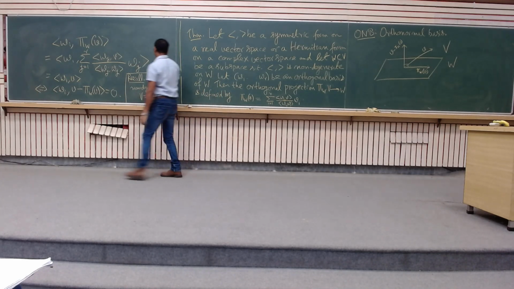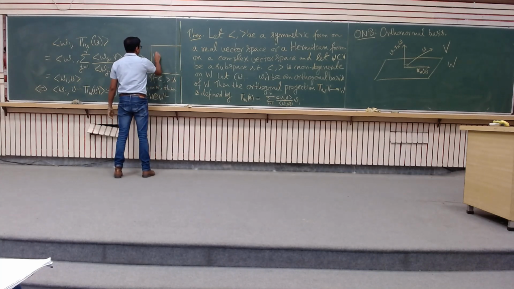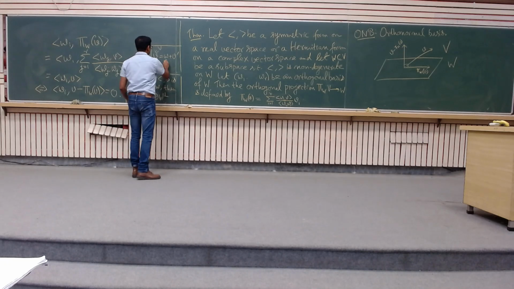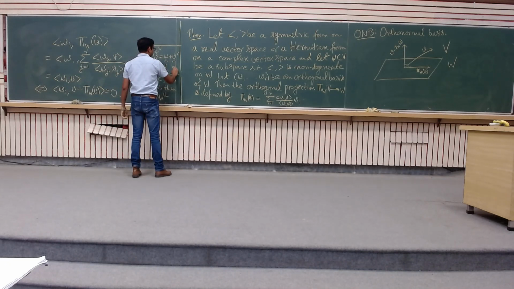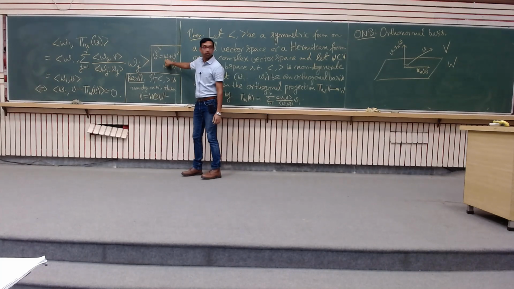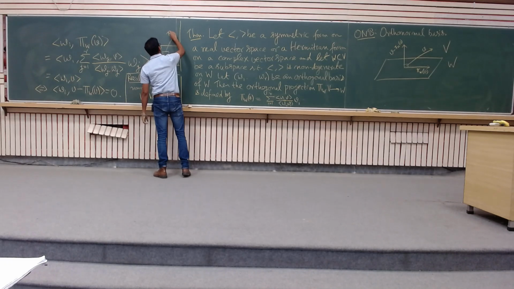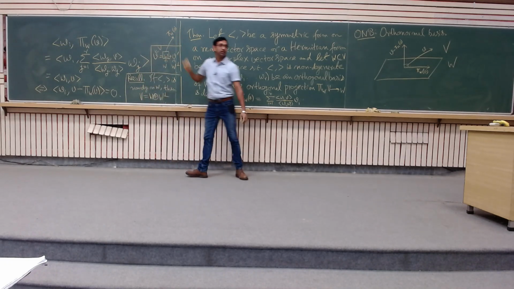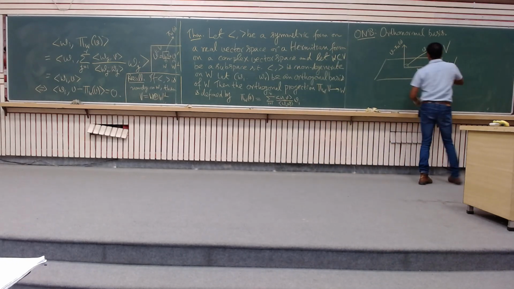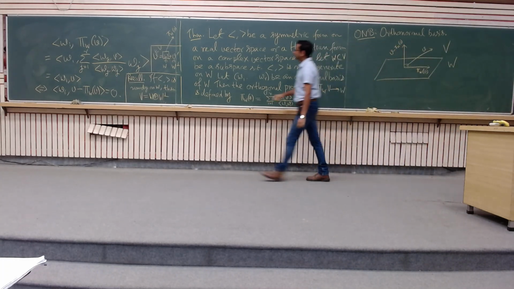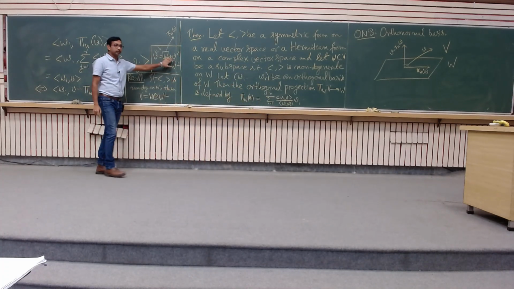So suppose you write some vector V as W plus V dash, with W in W and V dash in W perp. Then this W is the orthogonal projection of V on W, corresponding to π_W V. And V − π_W V is just this one, V dash.